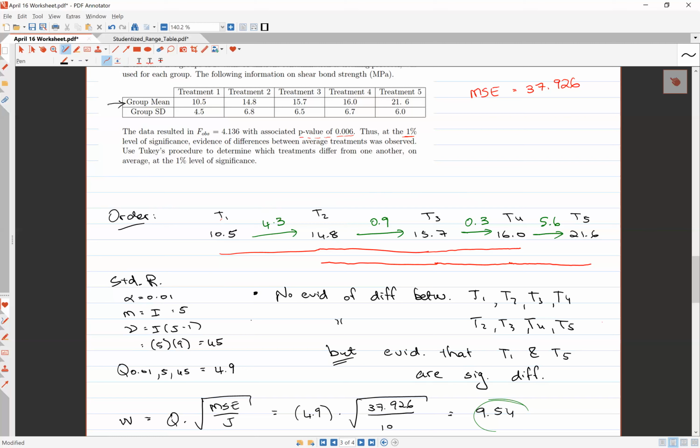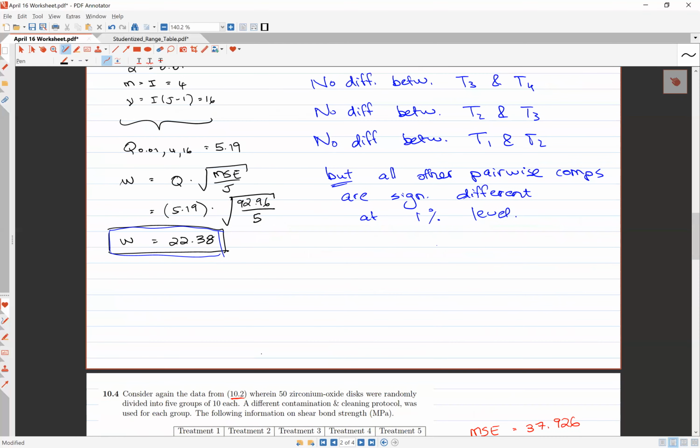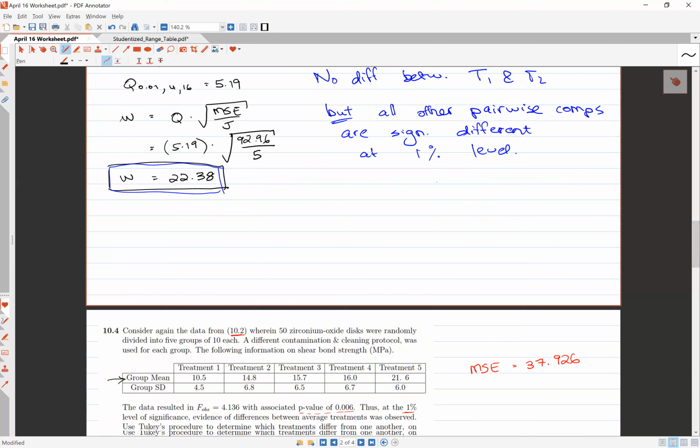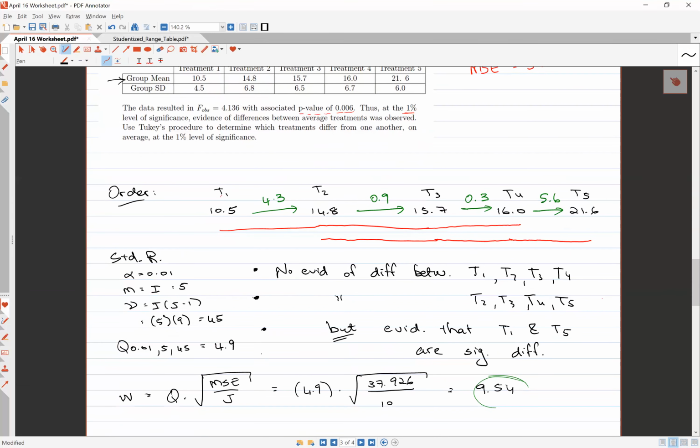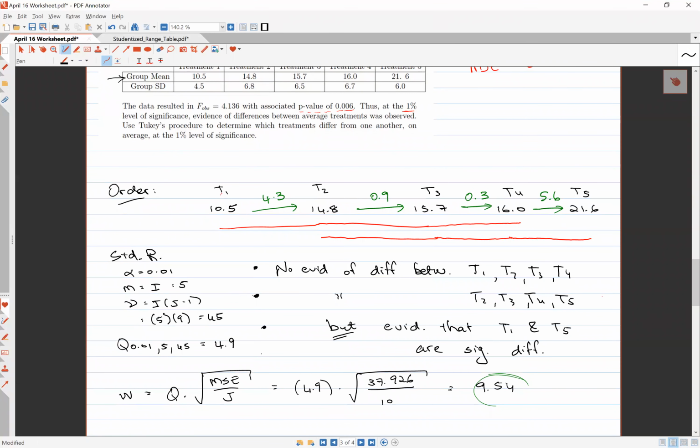So we highlight where we don't see differences, and as opposed to the previous case where I said all other pairwise comparisons are significantly different, in this case, there's only one pair that's not captured by what I've already said, and that's comparing treatments 1 and 5. They appear to be significantly different, but I'm not detecting statistically any other significant differences.